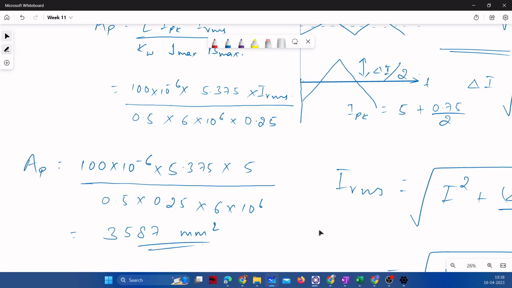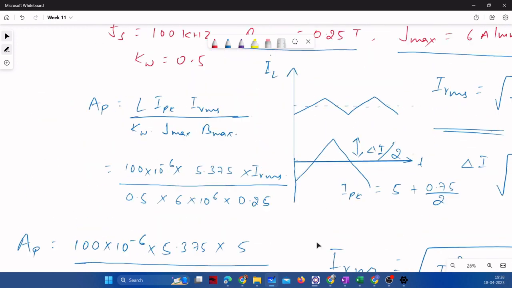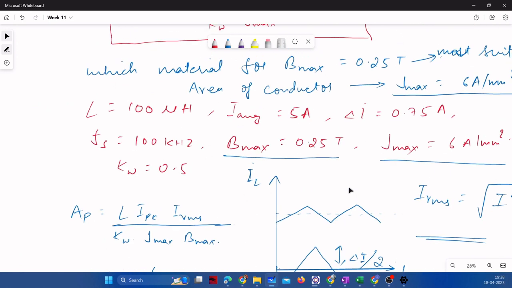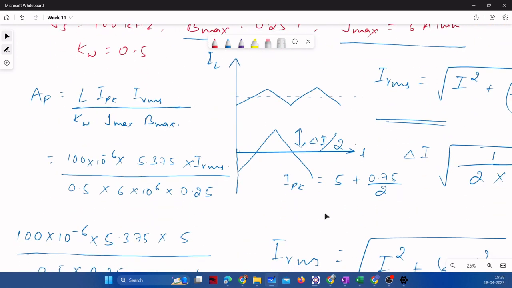Any doubt about this question? Two parameters you need to think about are the area of the conductor and the material for this kind of Bmax.